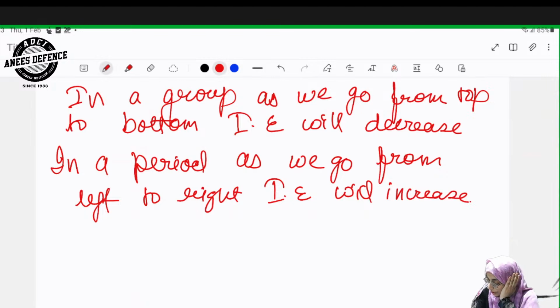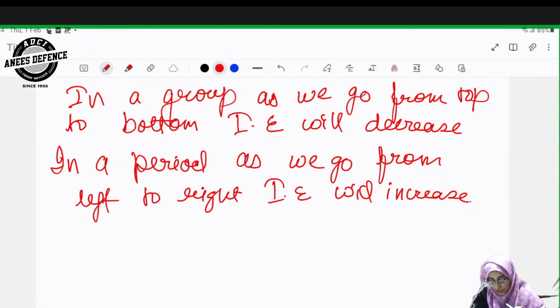The value of the initial ionization enthalpy of group second A is greater than that of group third A. It means ionization energy is directly proportional to the stable electronic configuration.